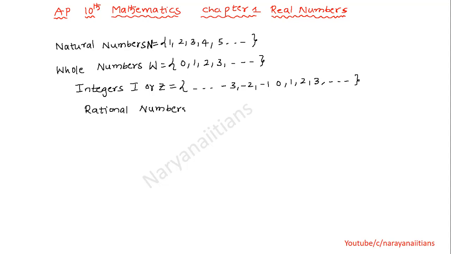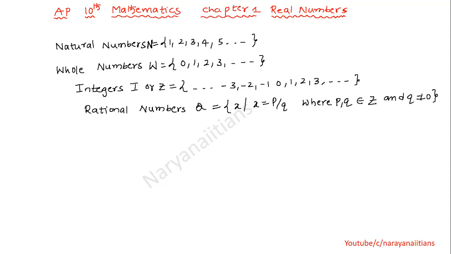Rational numbers are denoted by capital Q. Capital Q is the set of all x such that x equals p by q, where p, q belong to integers and q not equal to 0.